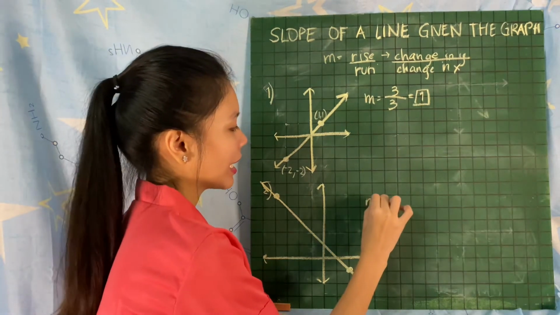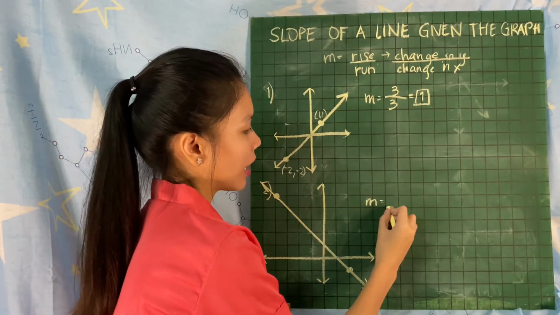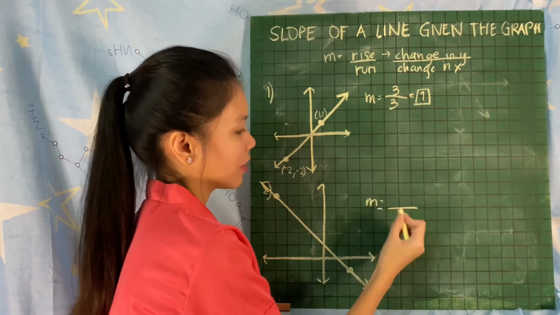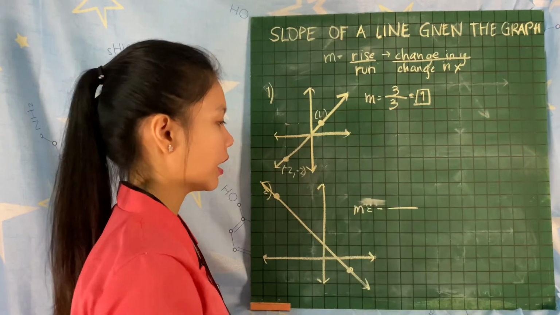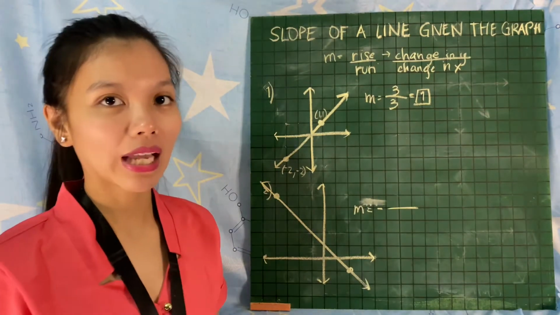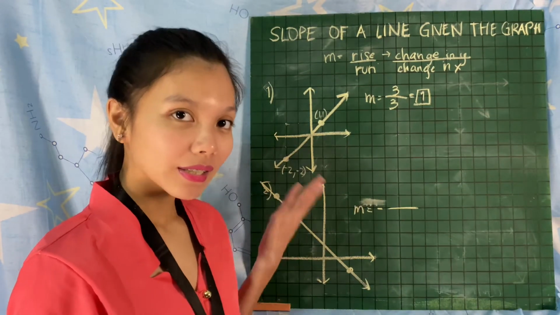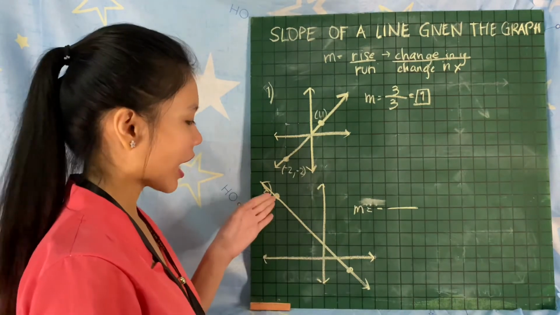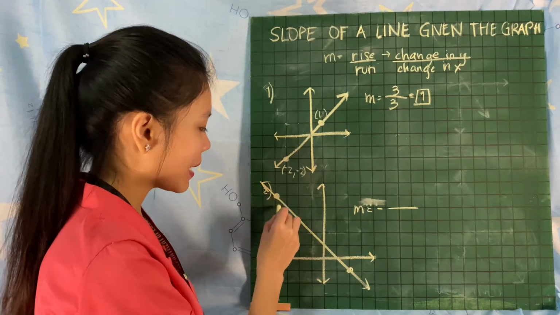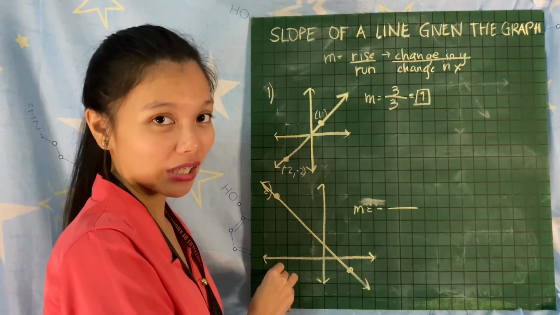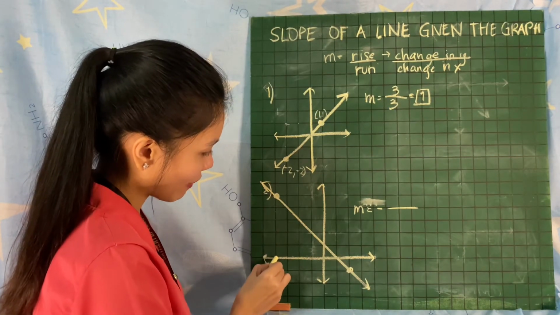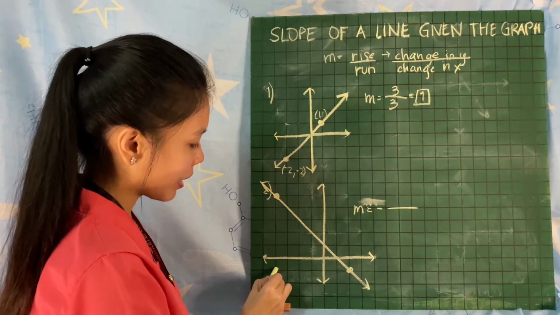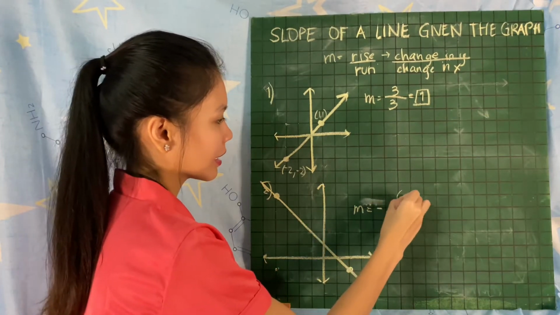So, ilagay na natin, m is equal to our negative slope. Now we're going to get its rise. Dahil siya ay pababa, pwede nating bilangin siya pababa, kaya siya negative. We have 1, 2, 3, 4, 5, 6. So, we have 6 steps sa ating rise.